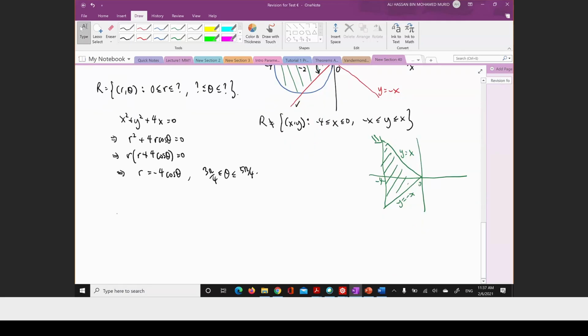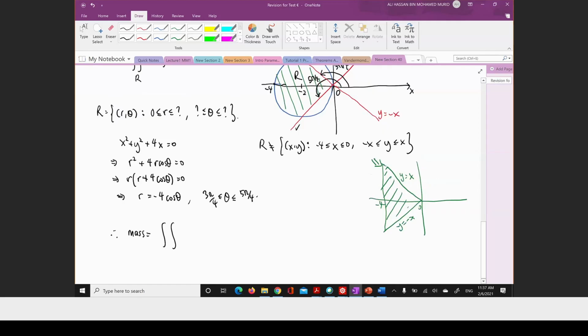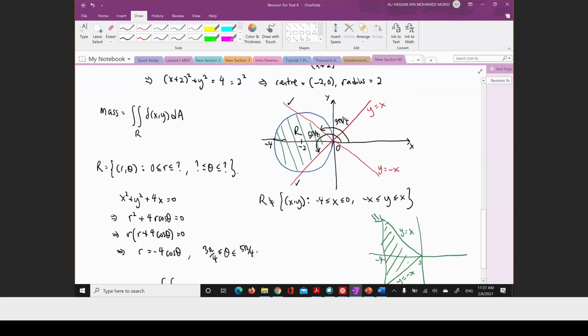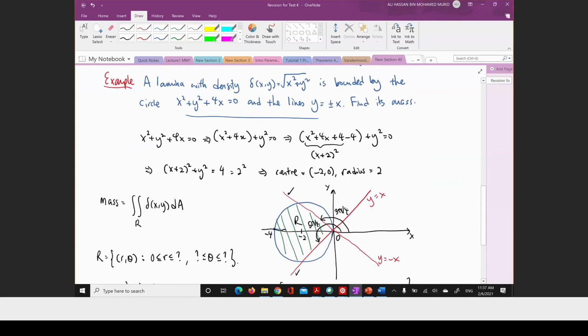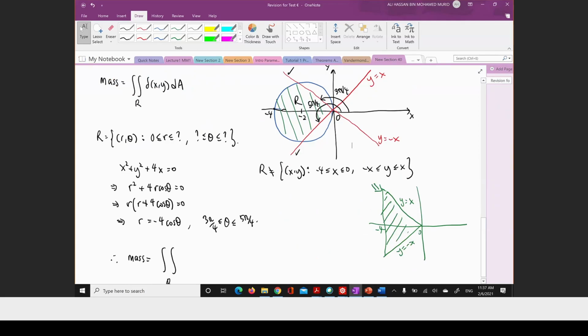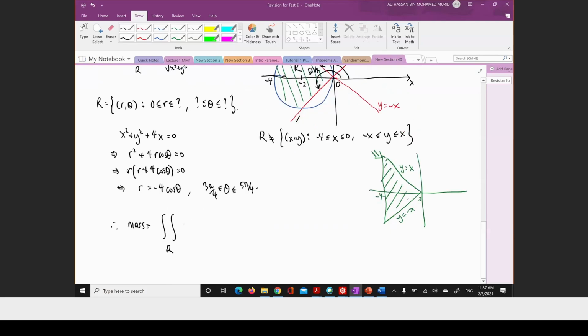So therefore, now we can construct the equation for the mass. What is rho? Delta is the square root of x squared plus y squared, which is the square root of r squared, isn't it? Then dA becomes r dr d theta.